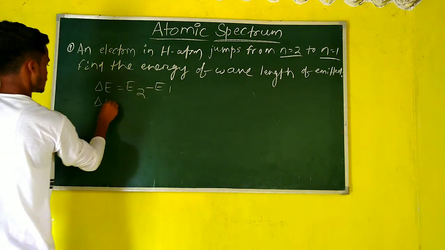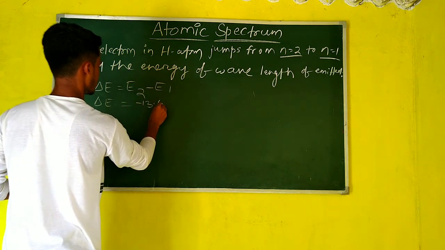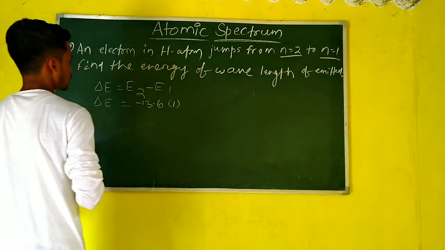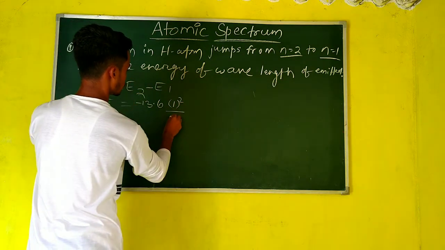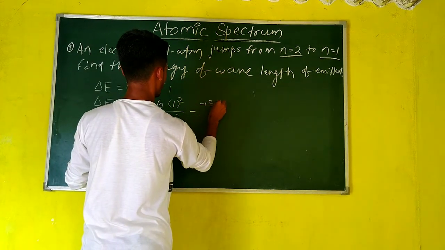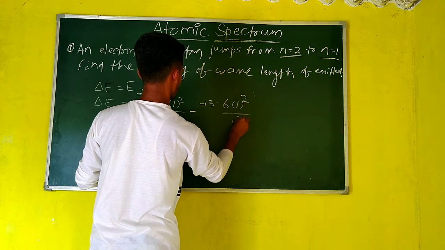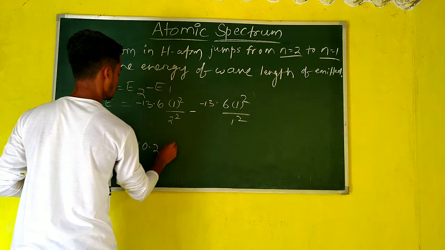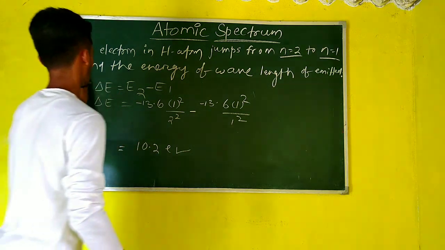E2 is minus 13.6 times Z square by n square, where Z is 1 because it is a hydrogen atom, and n square is 2 square, minus E1, which is minus 13.6 times 1 square by 1 square. The whole answer is 10.2 electron volt. So the energy emitted equals 10.2 electron volt.